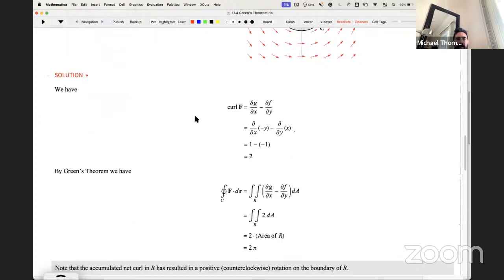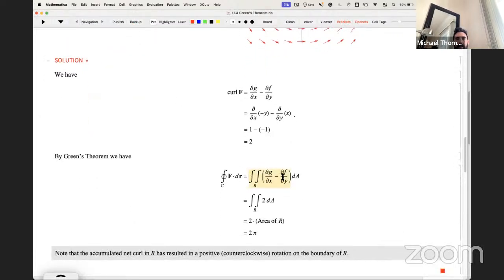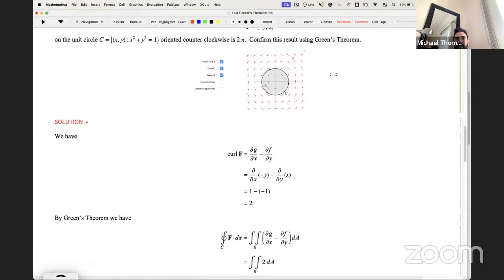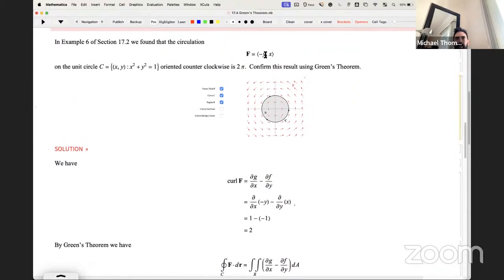In order to do the right side, we're going to have to find the curl. So here's the curl: it's gx minus fy. So let's find gx minus fy. Remember, the first component is your f component, and the second component is your g component.